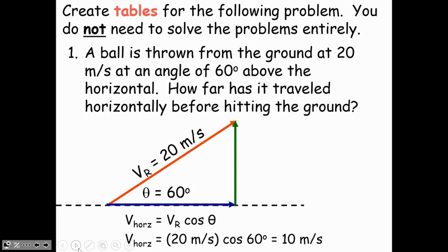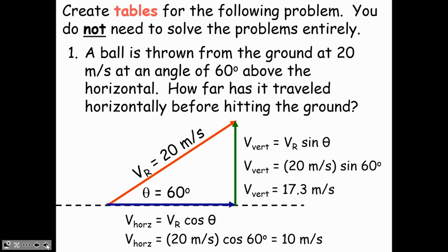So first I'll solve for the horizontal component using cosine. So the horizontal velocity is equal to the resultant velocity multiplied by cosine of our angle theta. So if I take 20 meters per second times the cosine of 60 degrees, I get a horizontal component of 10 meters per second.